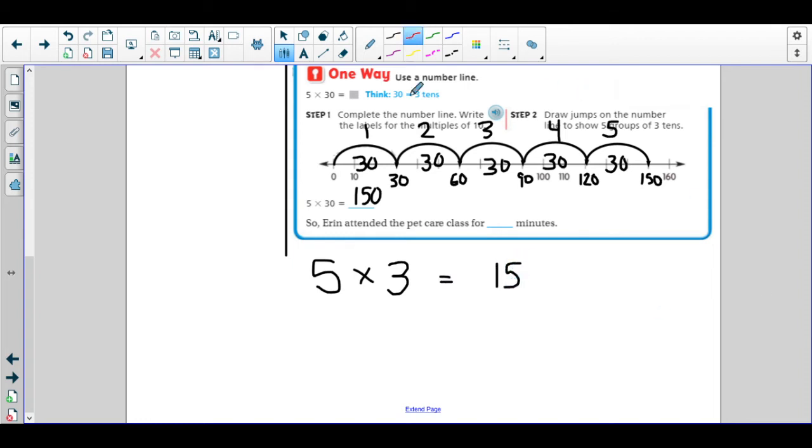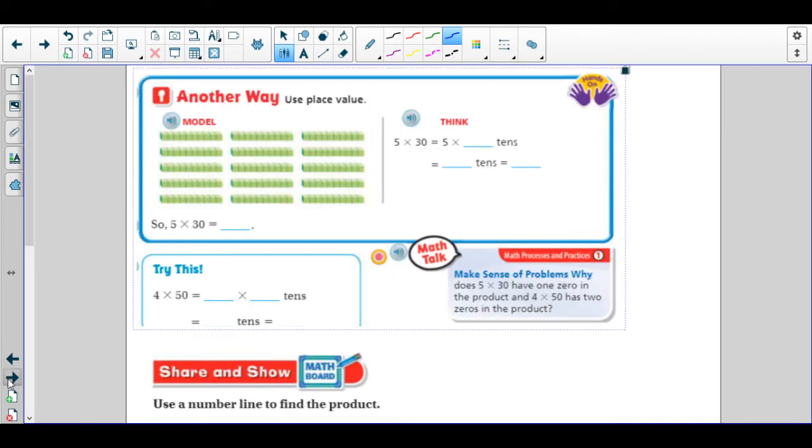And when we multiply by multiples of 10, we just add the zeros. Okay? Here's something else that would be really interesting. If we said 50 times 30, well, 5 times 3 is 15. We've added our 0 here. We would add another 0 right here. All right, so multiplying by 10 is a very helpful strategy if you know how to do that. Let's move on here to the next one.